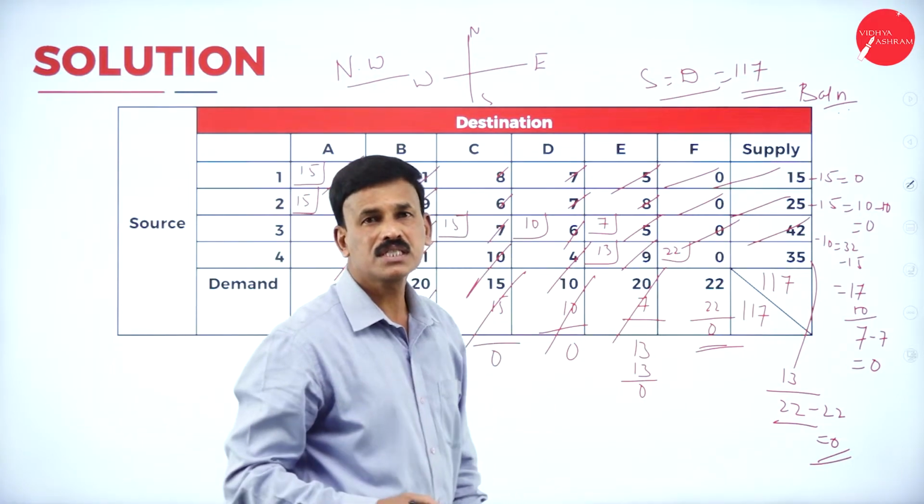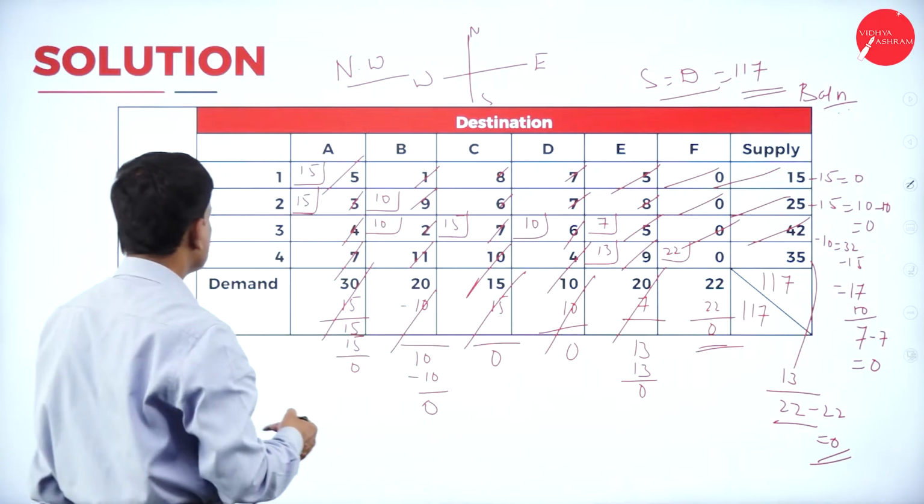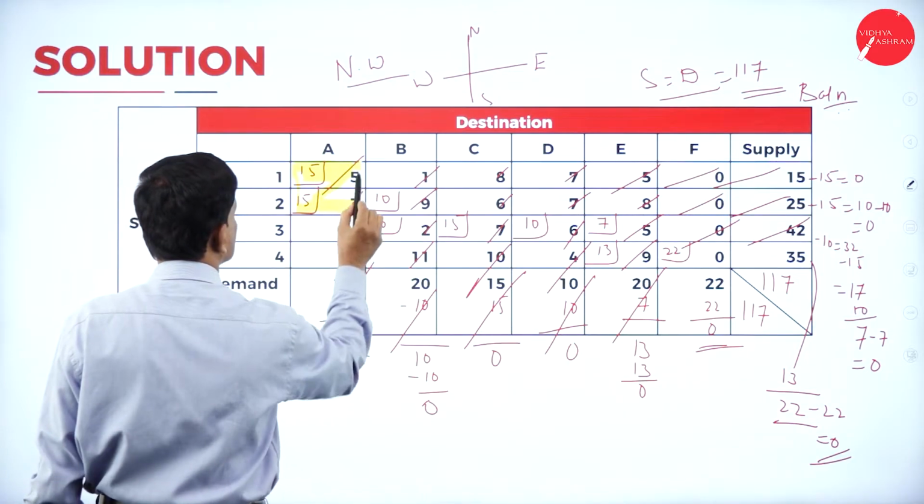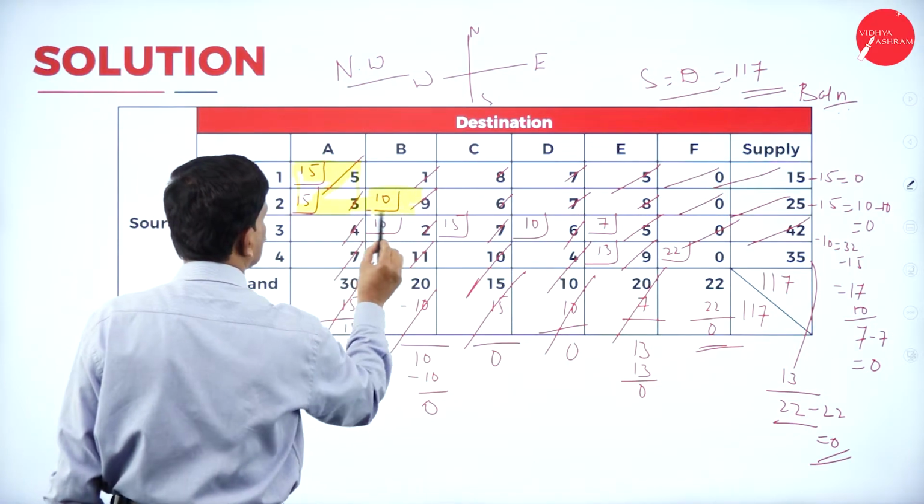Now, find out the solution. To find the solution, here we are going to get the solutions. These are the two values. Again, this is one more value.